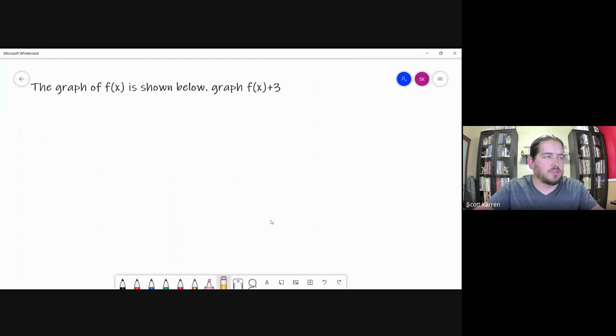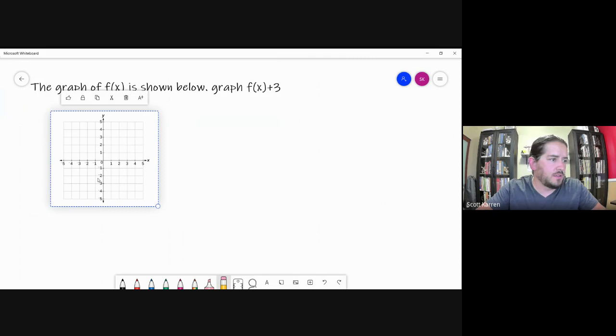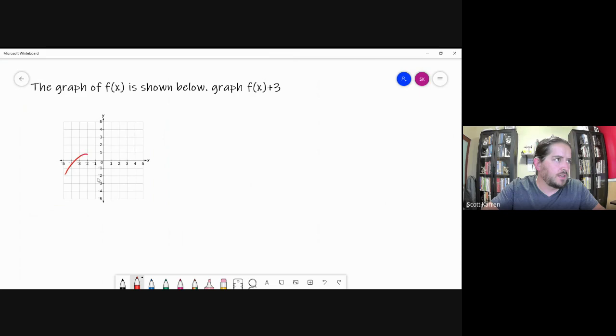So if I have a graph, whatever this graph looks like, it doesn't matter. The graph of f of x plus 3 is just that thing moved up 3 units.